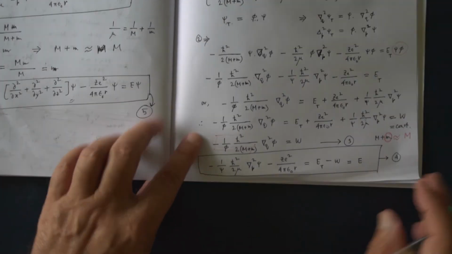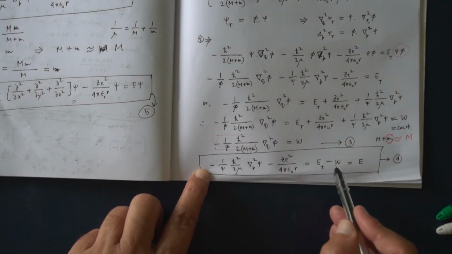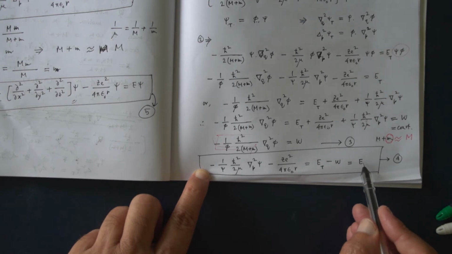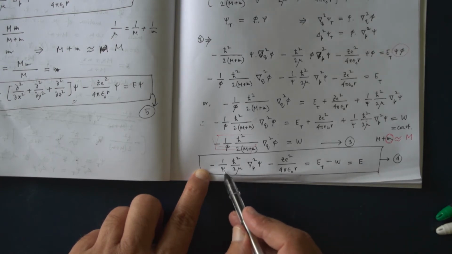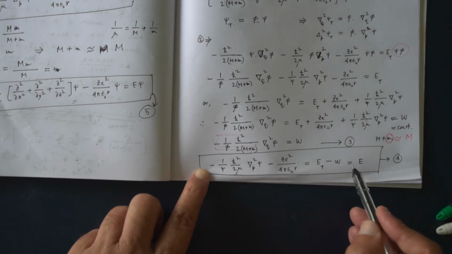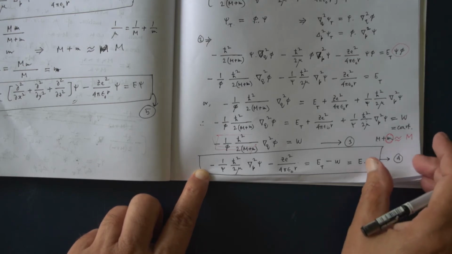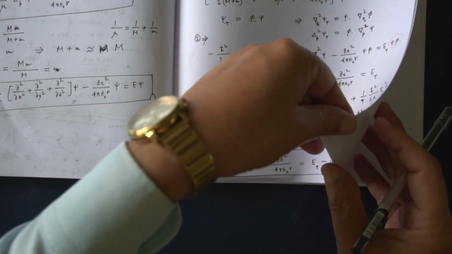I can multiply both sides by psi. If we multiply by psi, there will be psi on each term.